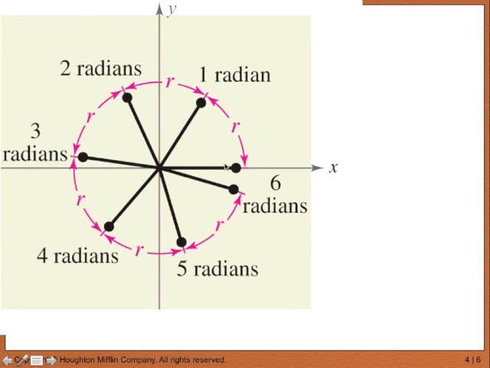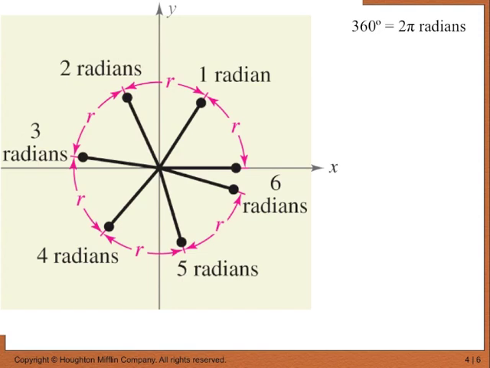And we're going to see just how logical and beautiful this is and how much it makes sense. Okay, so for now, since we're really just dealing with general concepts, the important thing to understand is that in a full circle there are 2 pi radians, and therefore we can write this equivalence: 360 degrees equals 2 pi radians.